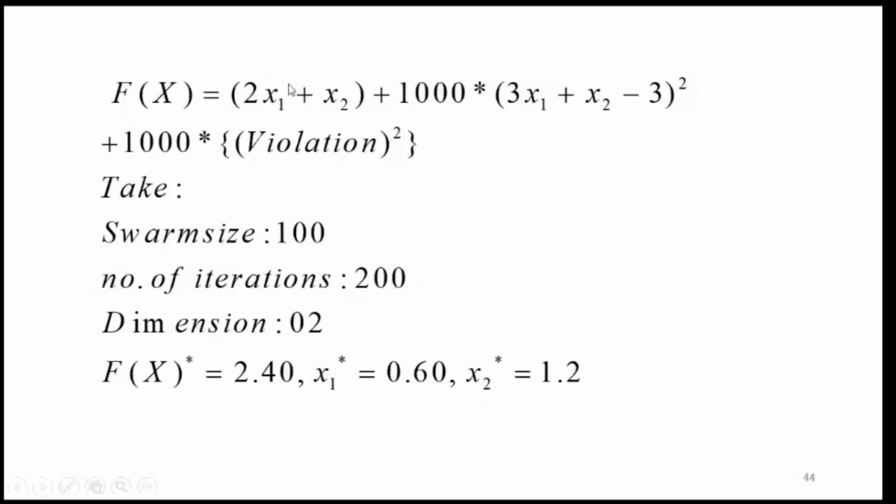So I formulate this augmented objective function. This is the original objective function. This is 1000 into equality constraint violation square plus 1000 into inequality constraint violation square. So ultimately you will obtain this answer: x1 is equal to 0.6, x2 is equal to 1.2, and f of x is equal to 2.4. So this is the list of references.